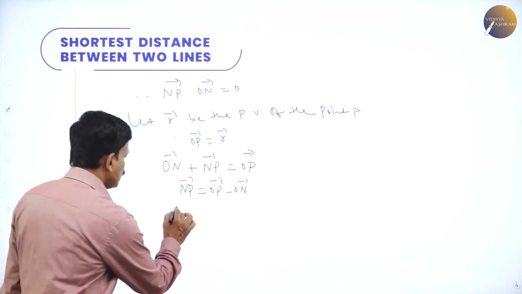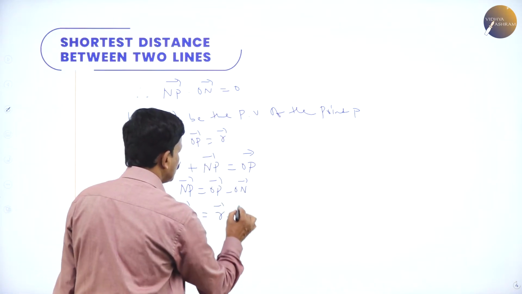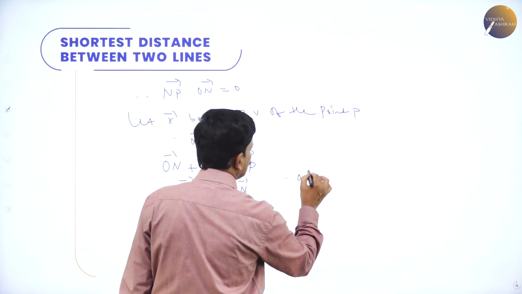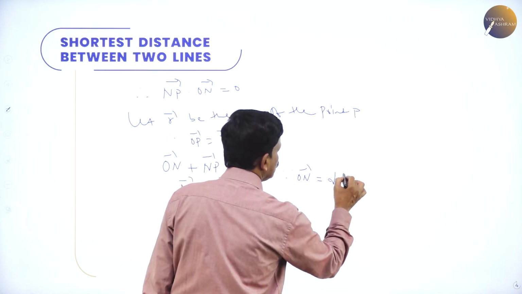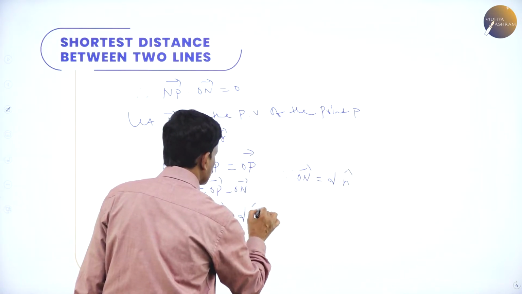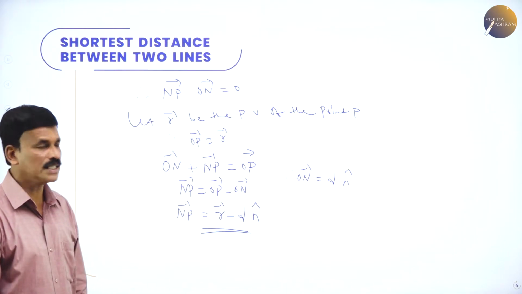Now, vector NP is equal to vector R minus ON. Since vector ON is equal to D into N cap, vector NP is equal to R minus D into N cap.